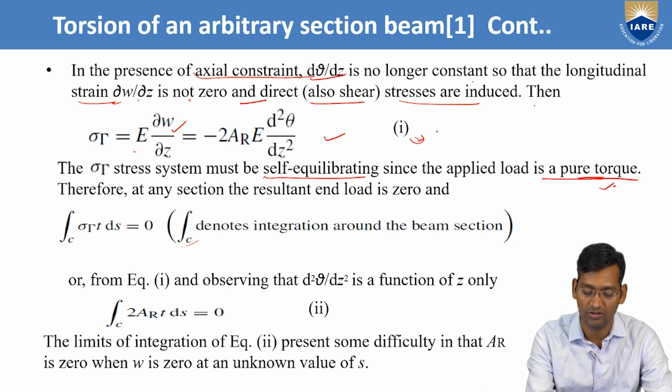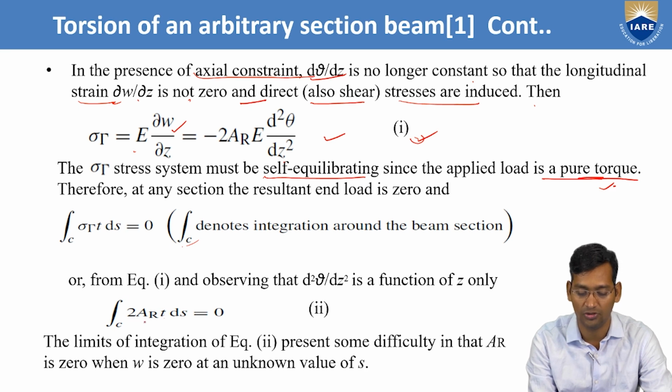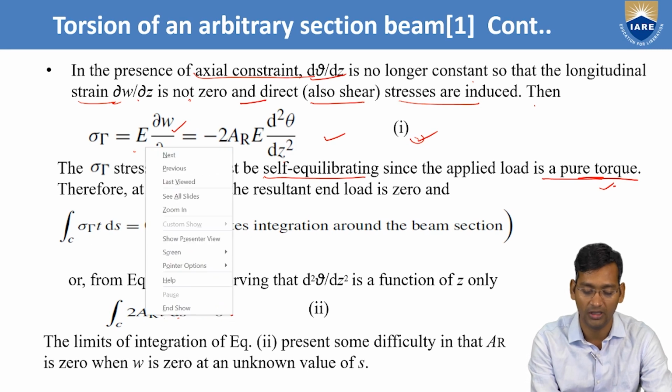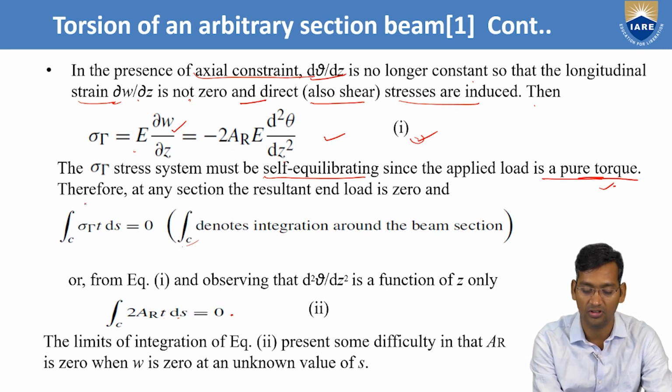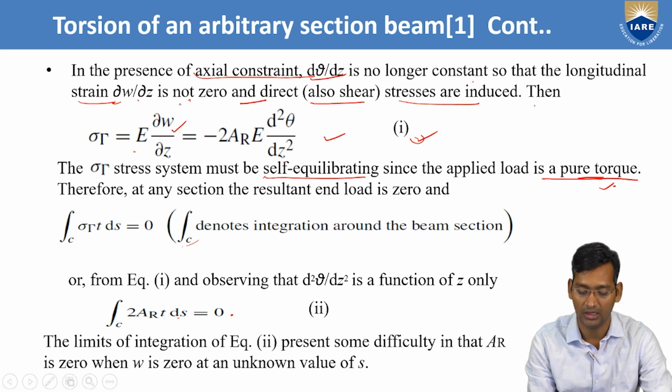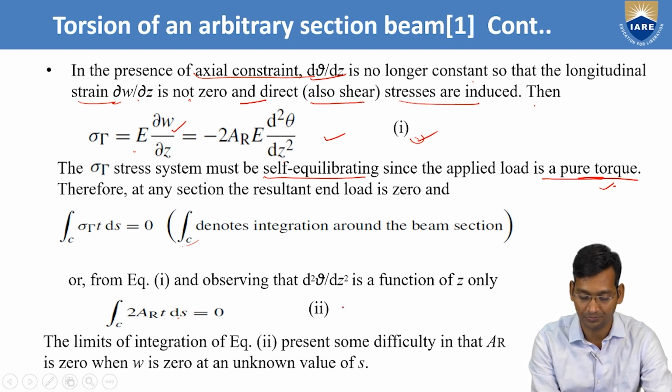From equation 1, just integrate it: the closed integral of 2ar T ds equals 0, because sigma T is given by this. After putting this equal to 0, that is the second equation.